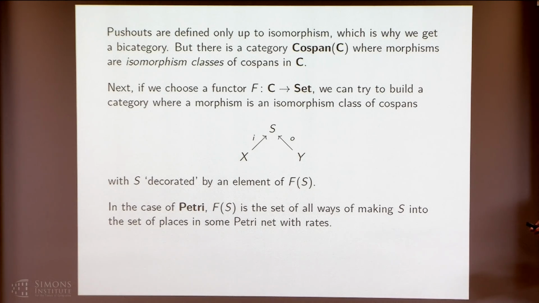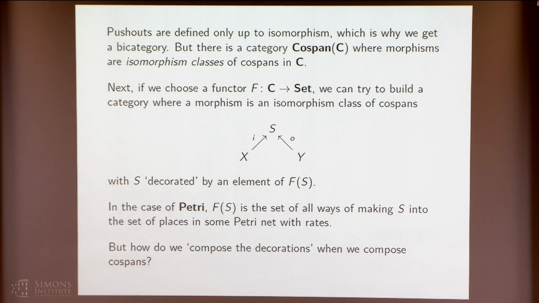S is going to be the set of places in our Petri net, and F of S will be the set of all ways of taking that set S and thinking of it as the set of places in some Petri net. So this decoration, this element of F of S, is just the choice of the Petri net that will be in our open Petri net, whereas the cospan tells you what the inputs and outputs are.